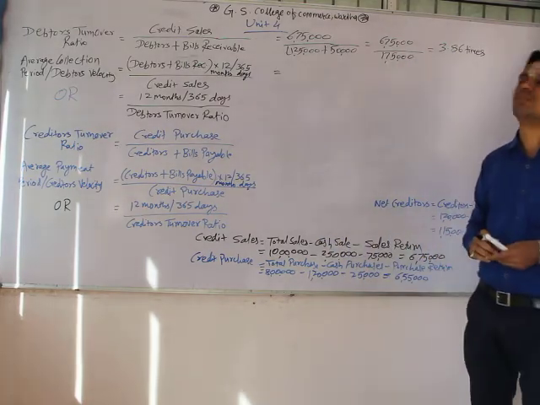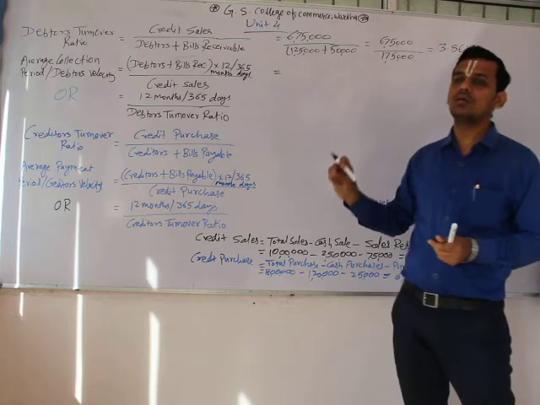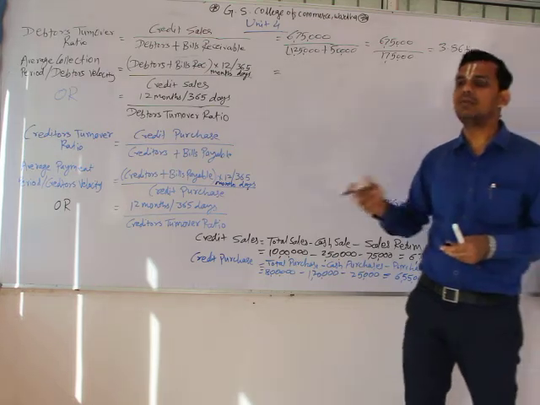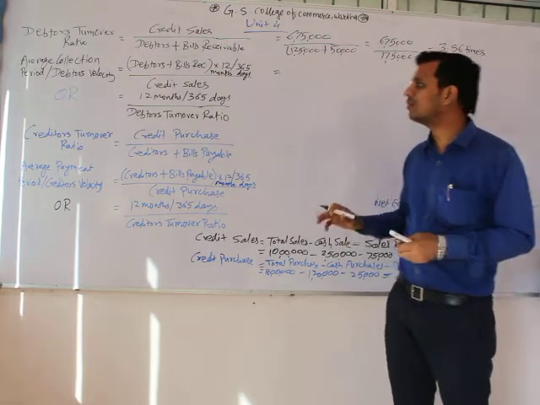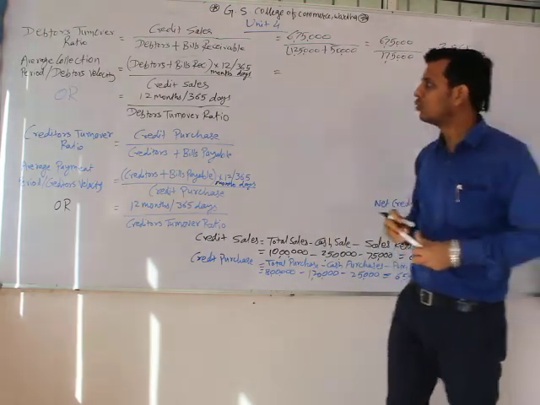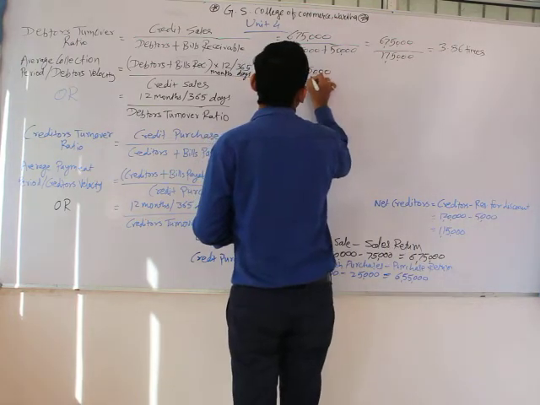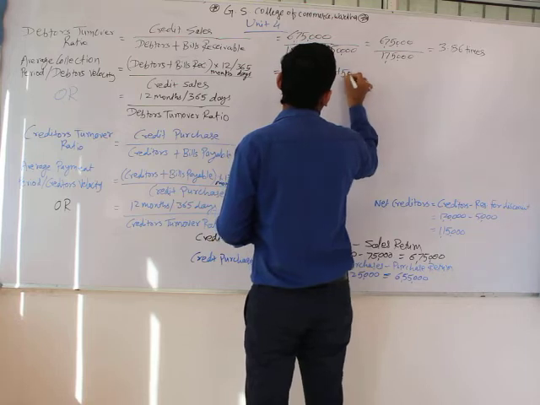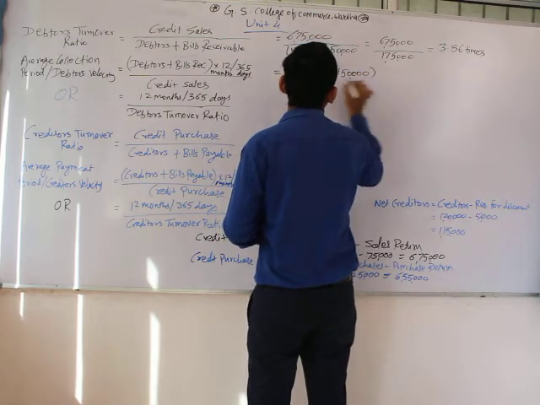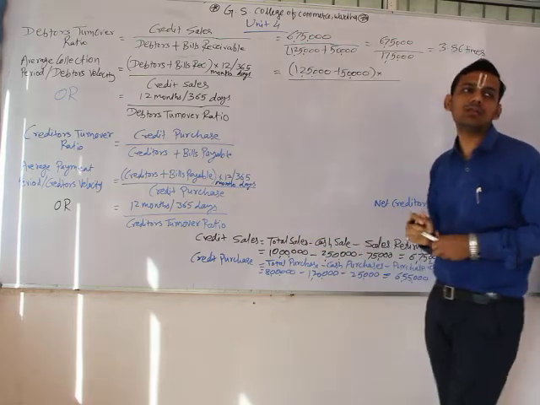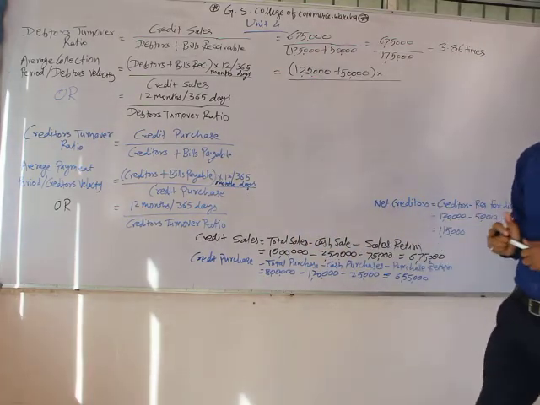bills receivable into the period, whatever is given in the question. It can be days, weeks, or months, divided by credit sales. So debtors were rupees 1,25,000 plus bills receivable 50,000, into, in the question it was given that 1 year is equal to 365 days.